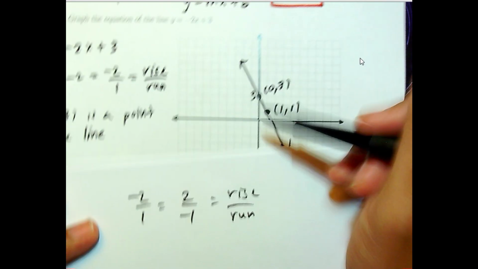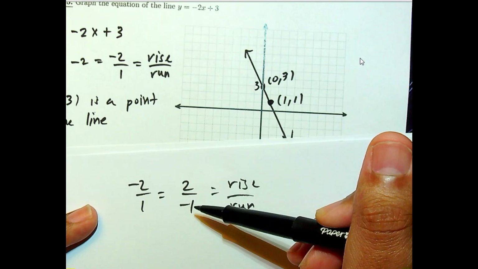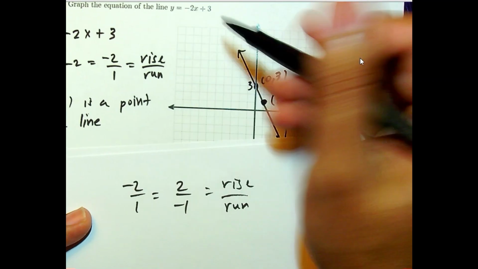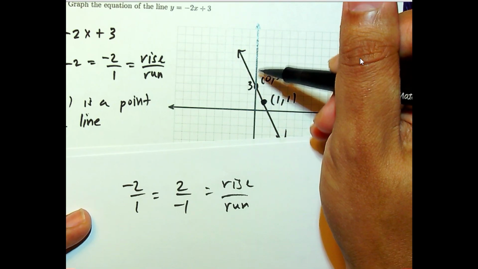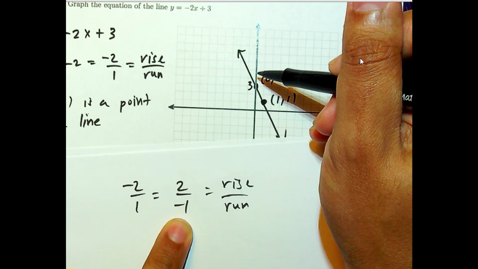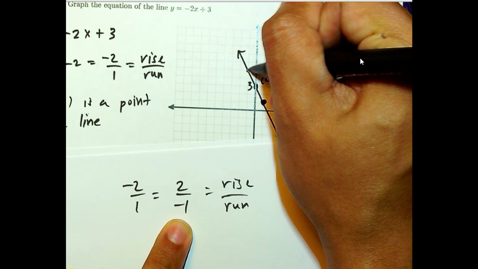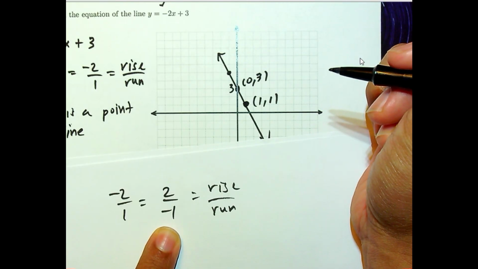If I had interpreted the slope as 2 over negative 1 instead, which is the same thing, I would have gotten, let's see what point we would have gotten. Using this interpretation, you go 2 up and 1 to the left. So 1, 2, and 1 to the left. We would have gotten this point on the line. So you see, you get another point on the line.